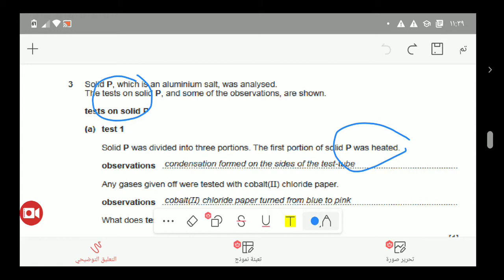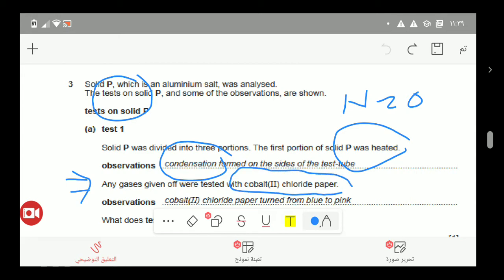If you heat a solid and condensation forms, this is an indication for the presence of water, H2O. Any gases given off were tested with cobalt 2 chloride. Cobalt 2 chloride is used for testing the presence of H2O, because its color changes.